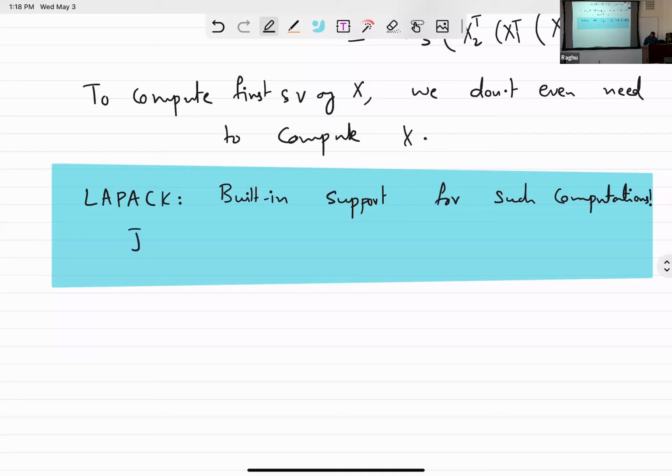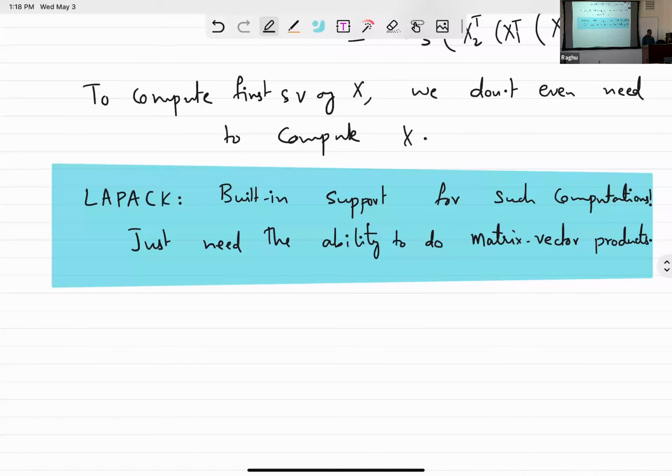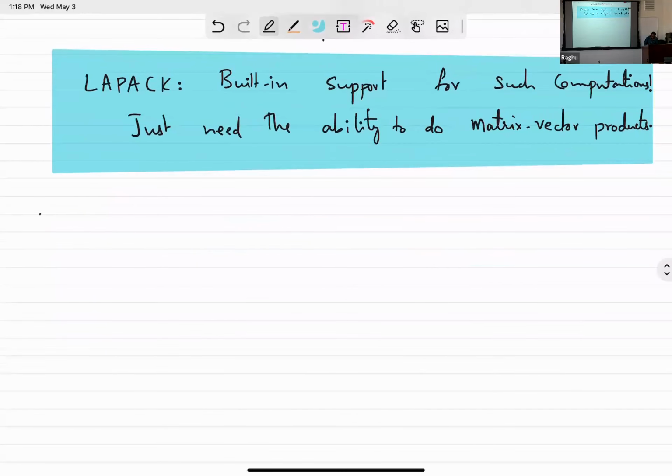So you just need the ability to do matrix vector products. This is an important thing in practice that you have to exploit in many scenarios.